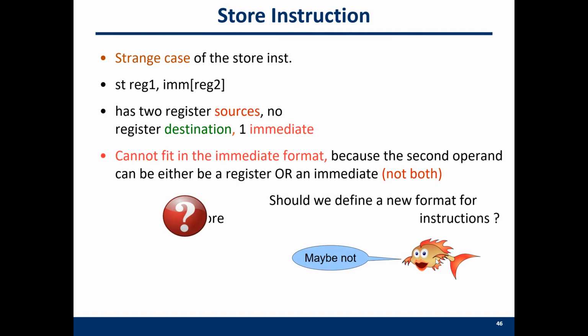So this is a store instruction. It has two register sources, no register destination, and one immediate data. So the second operand can be either a register or an immediate data, but it cannot be both. And we don't need to define a new format.